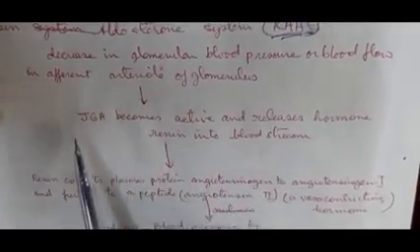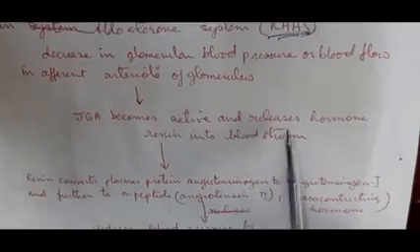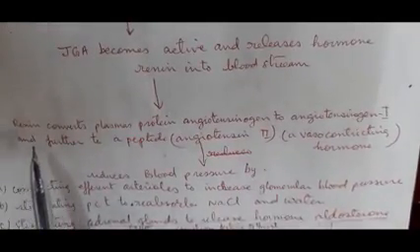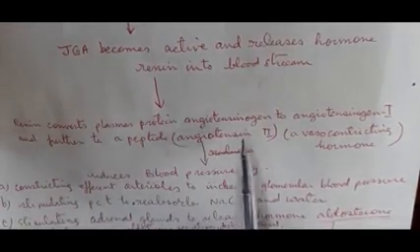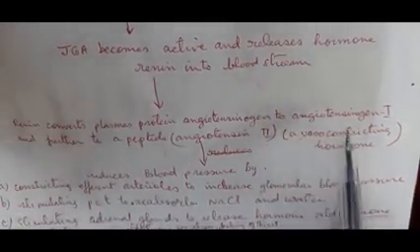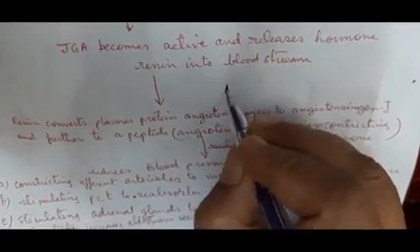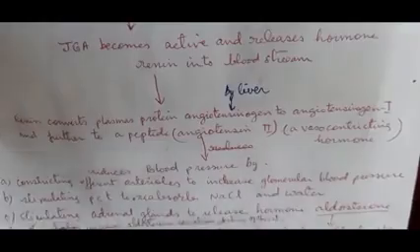The JGA becomes active and releases the hormone renin into the bloodstream. This renin hormone converts the plasma protein angiotensinogen to angiotensin 1. This is produced by the liver and sent into the bloodstream.